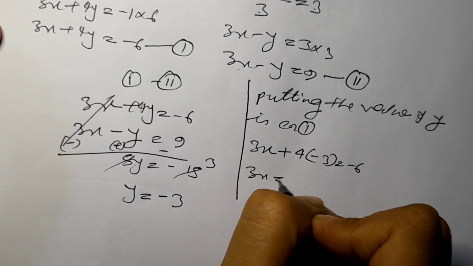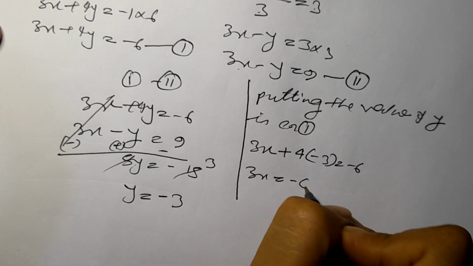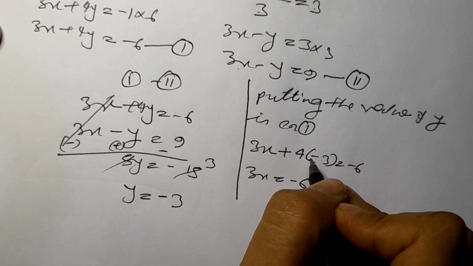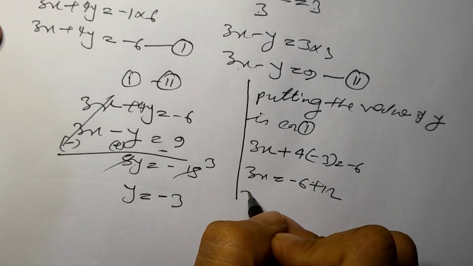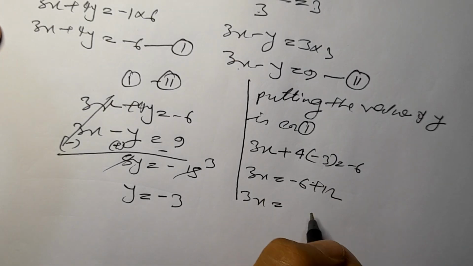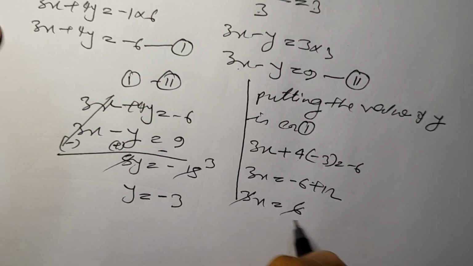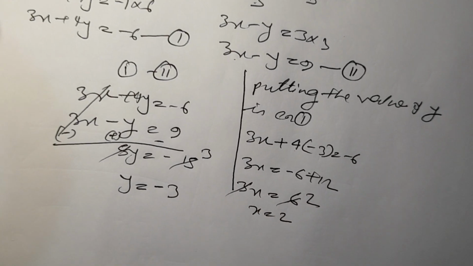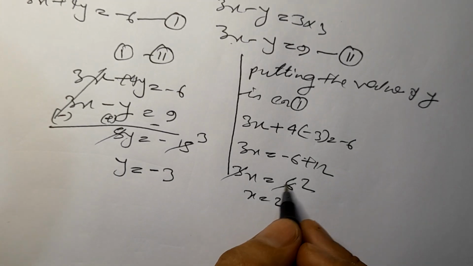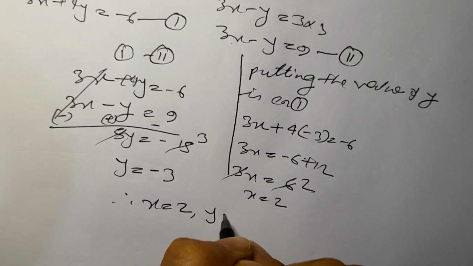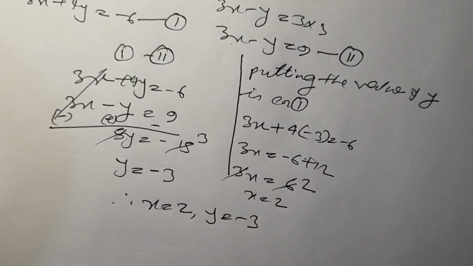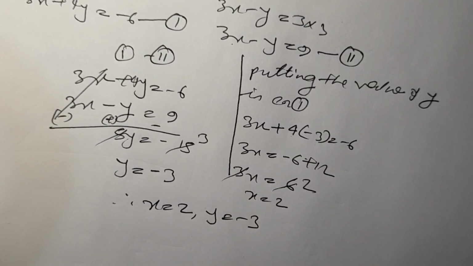So 3x equal to minus 6 plus 12, since minus 12 goes across and becomes plus 12. So 3x equal to 6. So 3 twos are 6, x equal to 2. Therefore x equal to 2, y equal to minus 3. That is the result, the value of x and y.